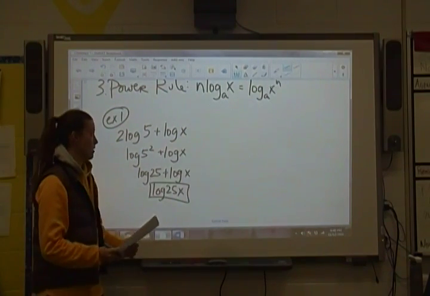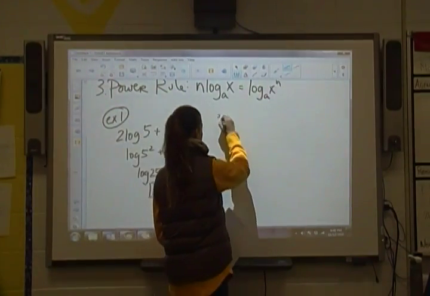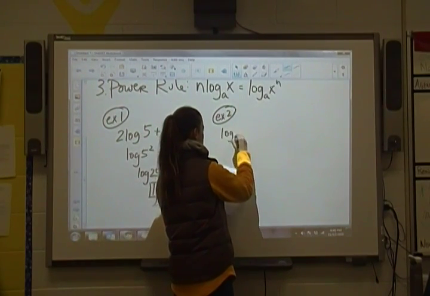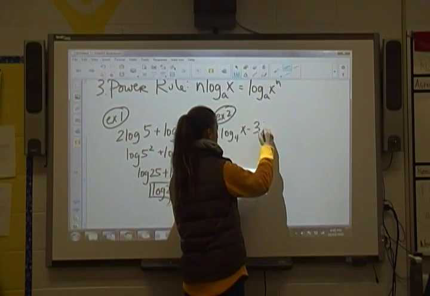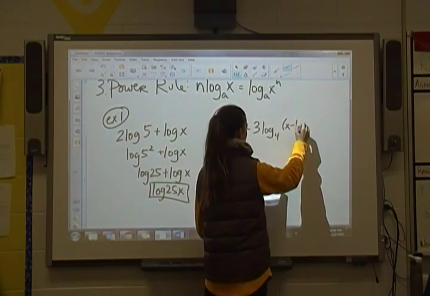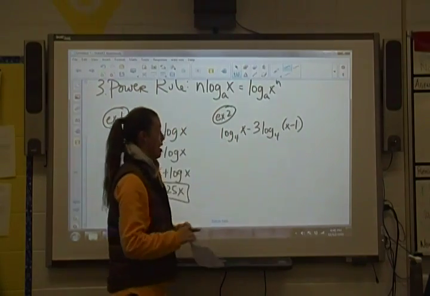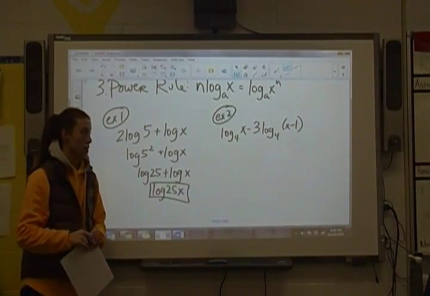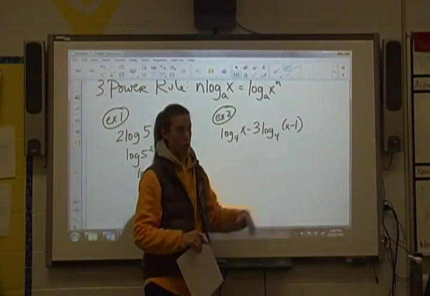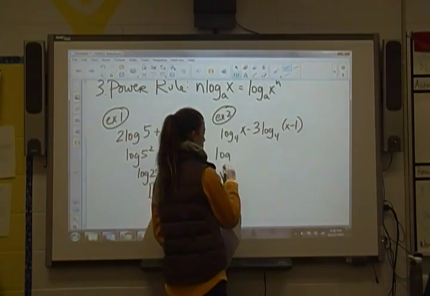Next one we'll take a look at. We have log base 4 of x minus 3 log base 4 of x minus 1. What actually happens here is this, I'm going to move the 3 as that exponent first. Kind of go backwards.